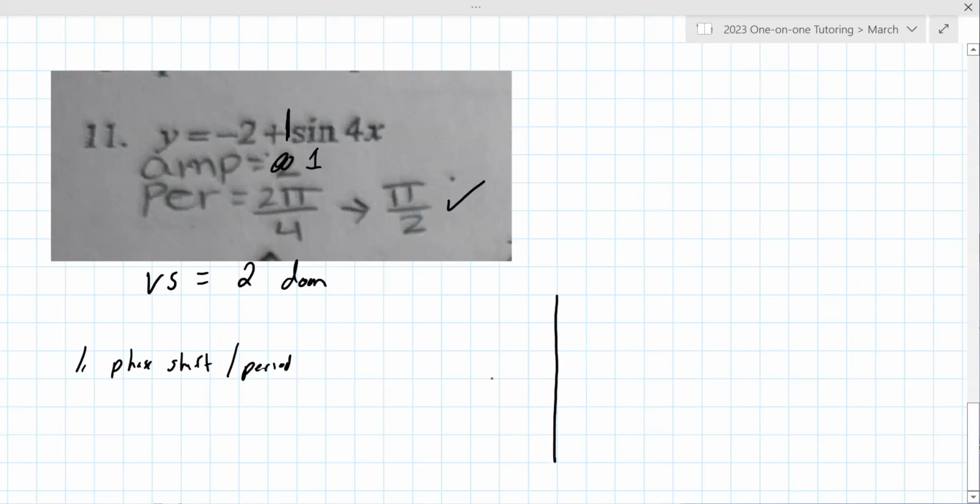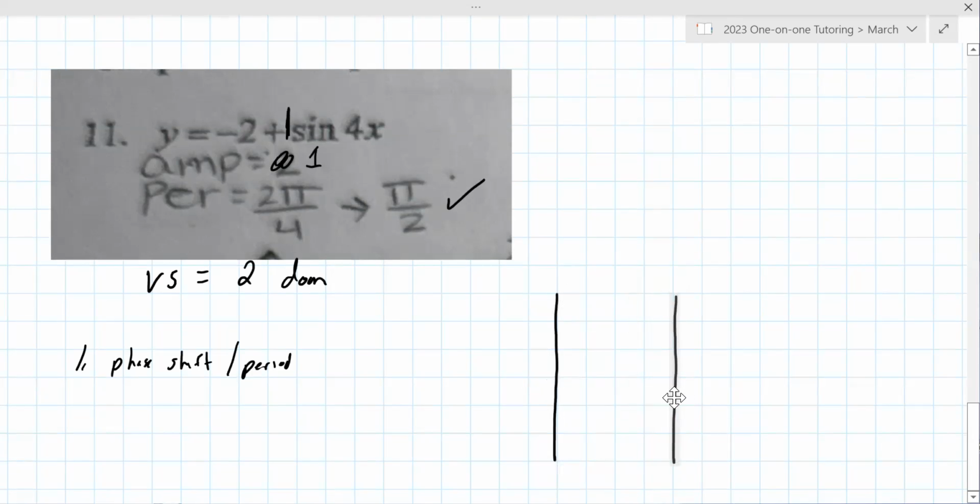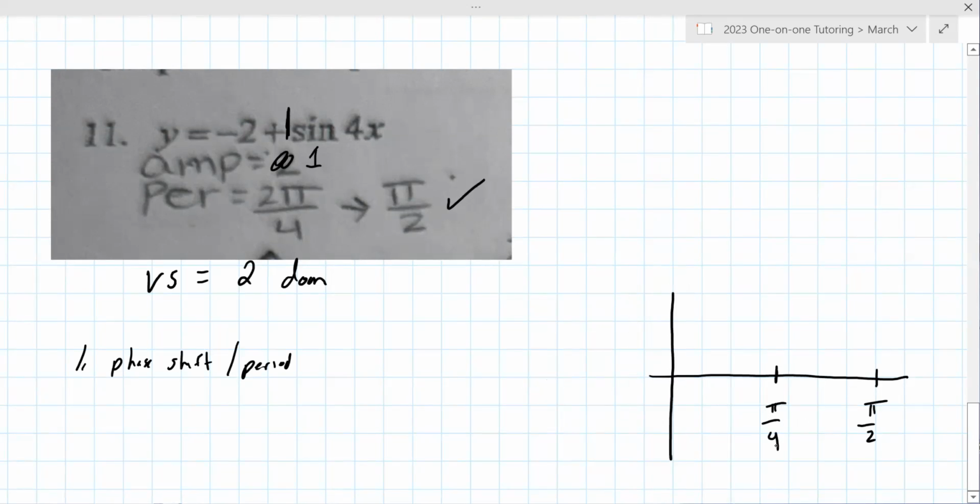So normally, do you have to go both left and right on your graphs? Yes. Ah, darn, that's always a little more difficult here. Okay. So you go out one period. So in this case, you go out pi over 2. And I'm sort of arbitrarily choosing where that is, but you go out pi over 2 and then you cut it in half, pi over 4.